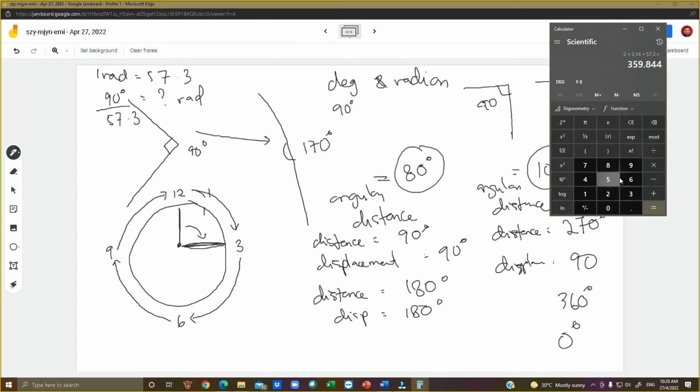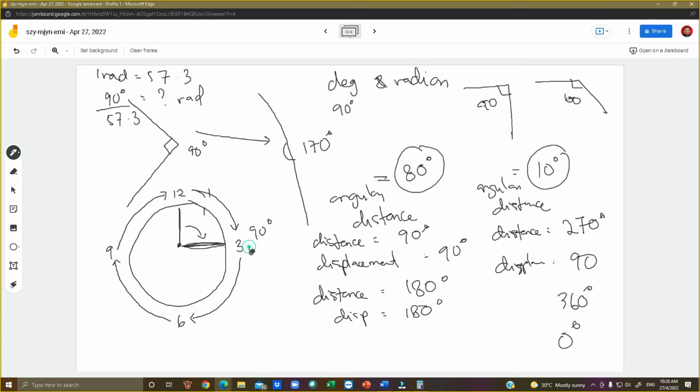How much you get it? 1.57. Jadi, for the first one, it is 90 degree ataupun 1.57 radian. Always answer angular case with degree and radian. Always do that. How about 180 degree? How many radian?